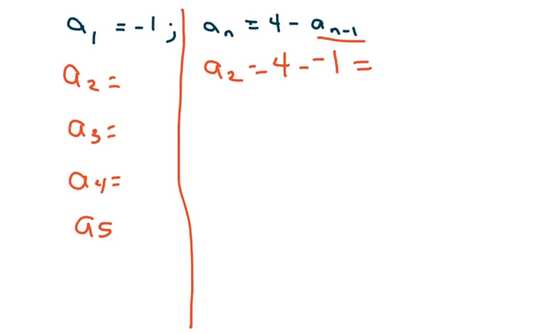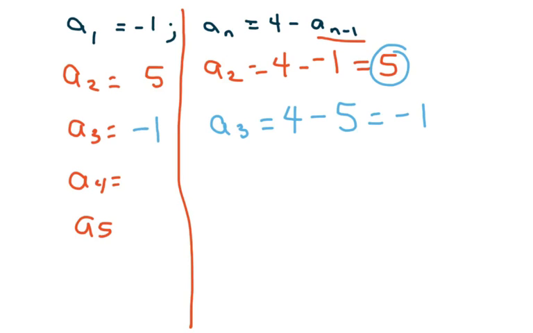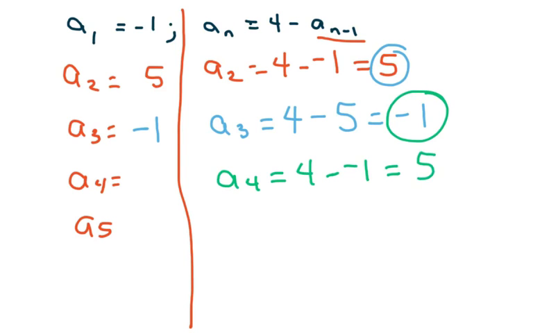My previous term is negative 1, so that equals 5. a sub 3 equals 4 minus your previous term. My previous term is 5. That equals negative 1. a sub 4 equals 4 minus your previous term, which is negative 1. That equals 5. And a sub 5 is 4 minus your previous term, which is 5.